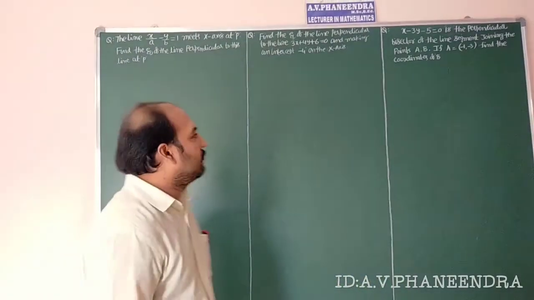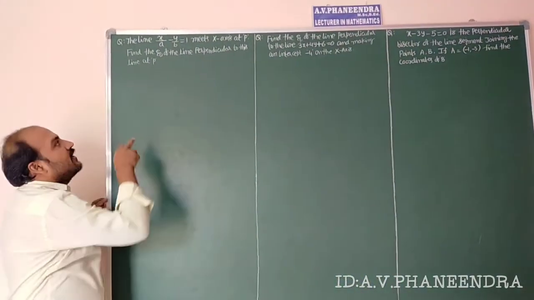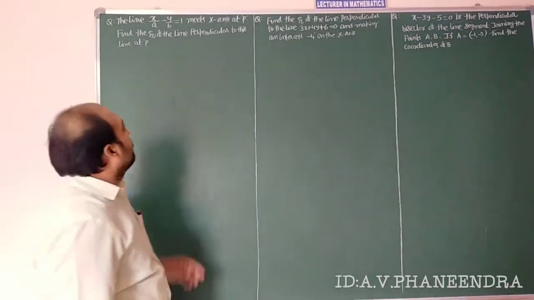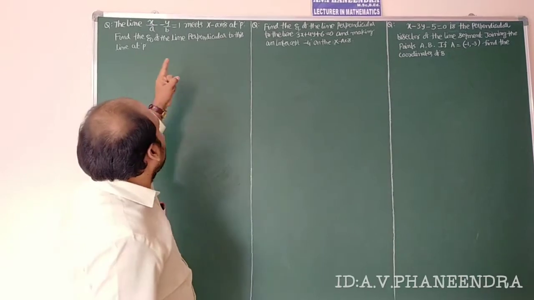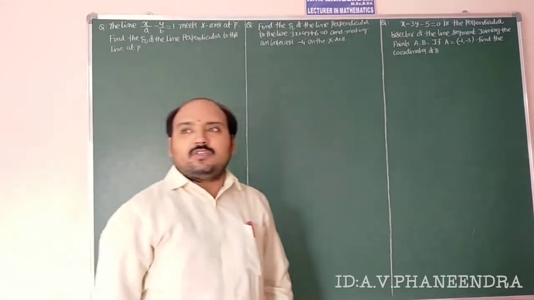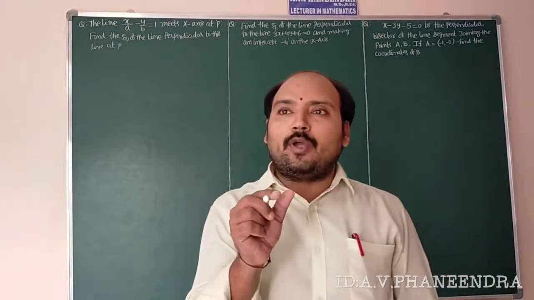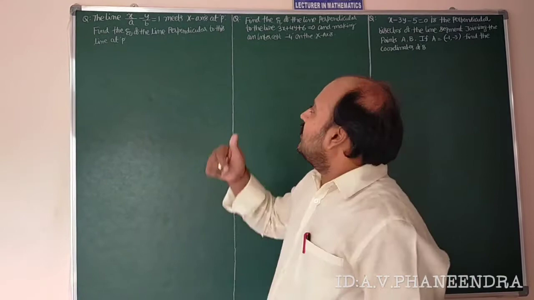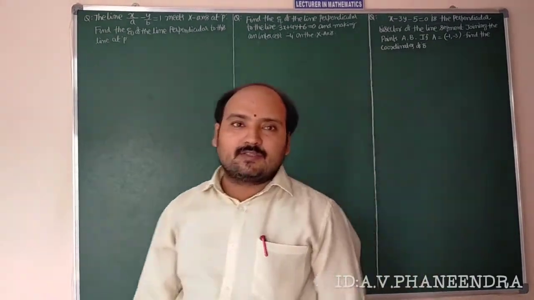Next question. The line x by a minus y by b equal to 1 meets the x-axis at a point P. Find the equation of the line perpendicular to this line at P. First, we have to calculate the point P using the condition that the line meets the x-axis.